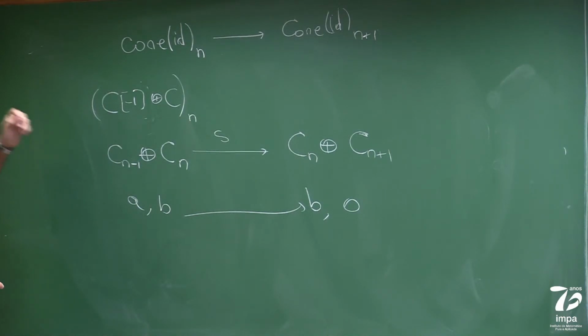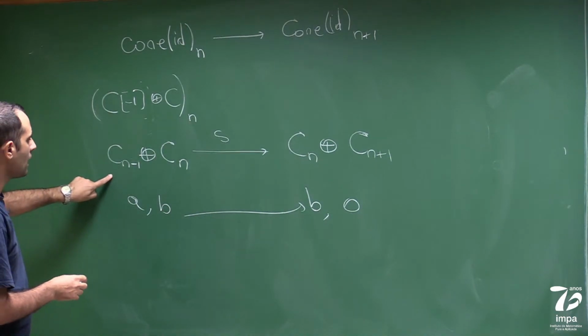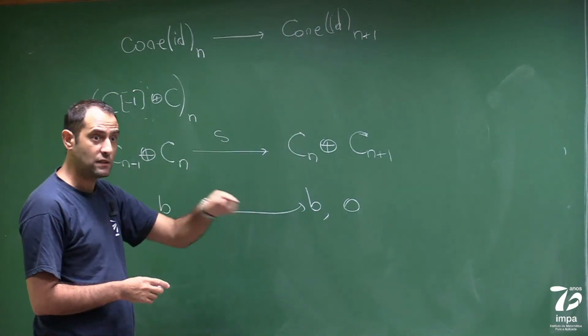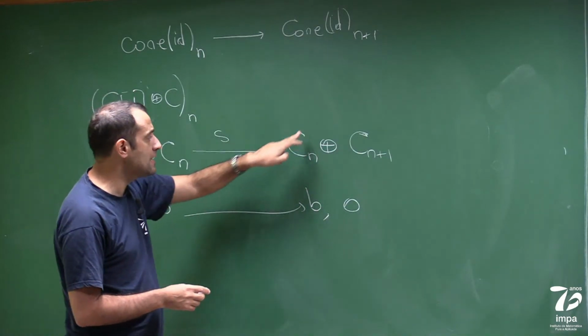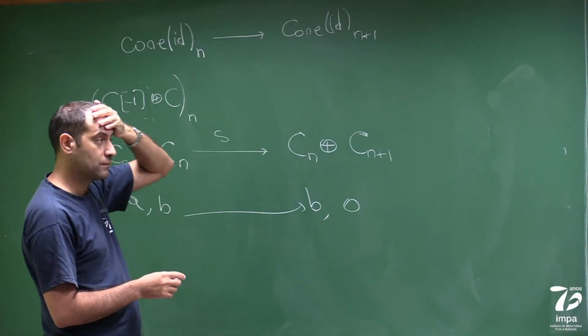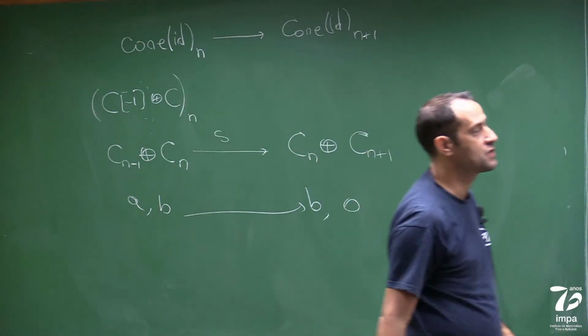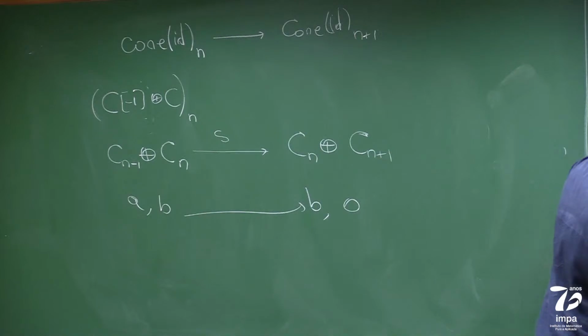So if I start like this, I apply S, and then I apply D. But D is on the complex, I need to remember that. So we have the differential on that last board there.